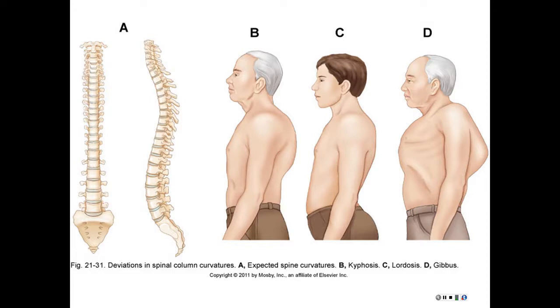And picture B is kyphosis, C is lordosis, and you see where the stomach looks protruding, the pelvis is tilted forward, and gibbous is in D, and it's just like a V on the back, all the way.